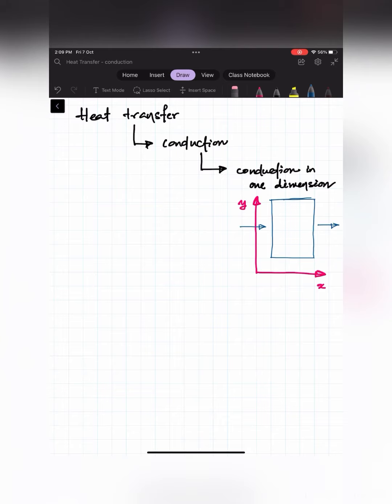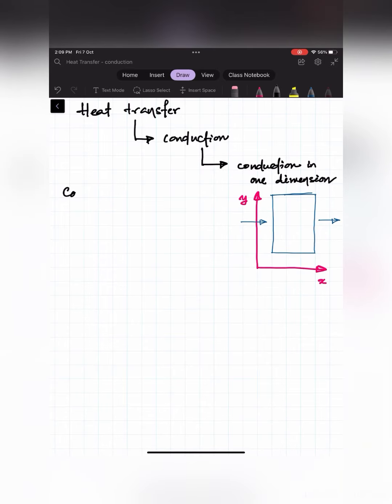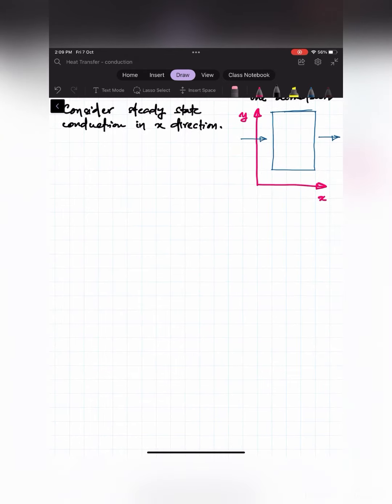For such a situation, if you have a system where heat transfer is happening in the x direction, how can we write the conduction heat flux, also called diffusion heat flux, in x direction?